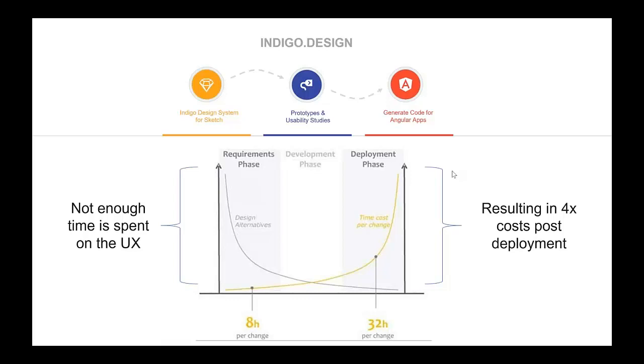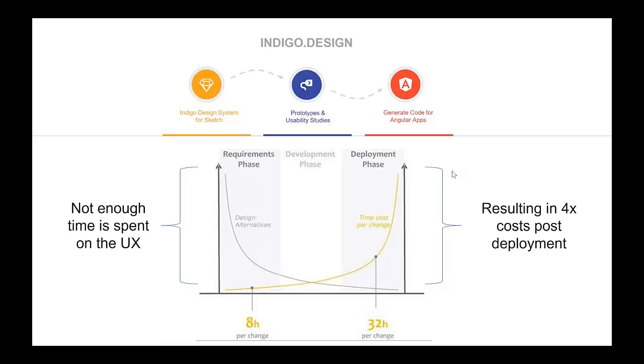So imagine if you deployed out to a customer and you didn't do enough time on that UX design before you actually started development, and if it cost $100 to change that during the requirements phase or $50, it's going to cost $400 to $600 in the deployment phase. And that's just an example number. These costs are really high.